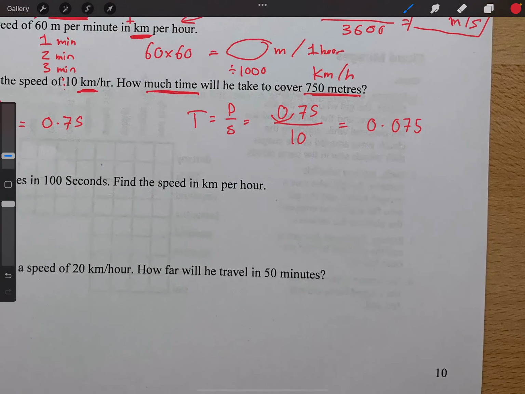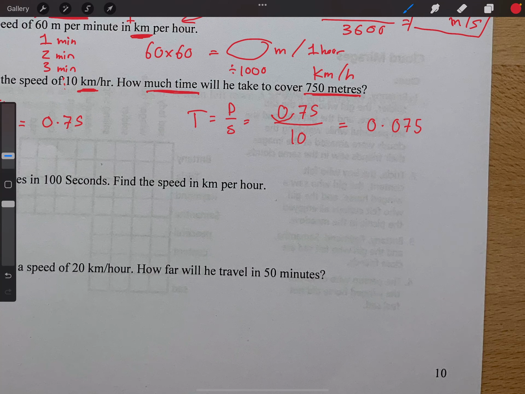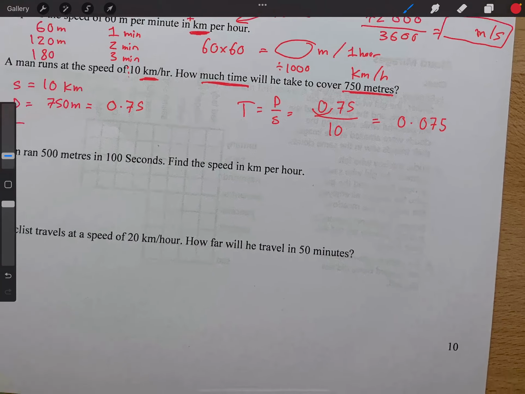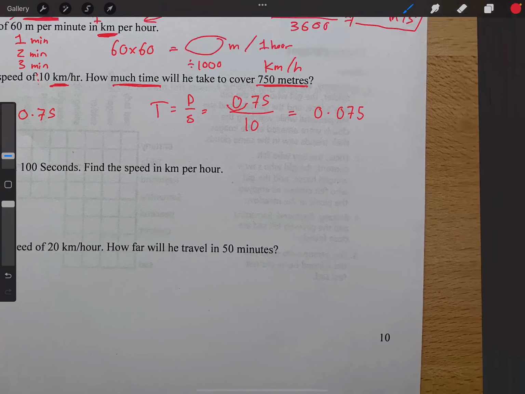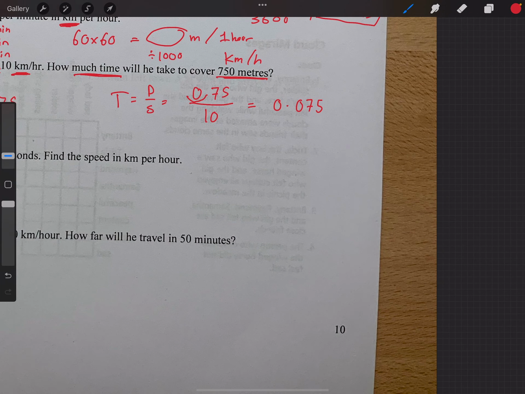Hold on. Let me think, how much time. Oh, okay, so this will be in hours. You know what, this is hard to see because this is 0.075 hours, but we don't know how many minutes that is. So let's change from the beginning.